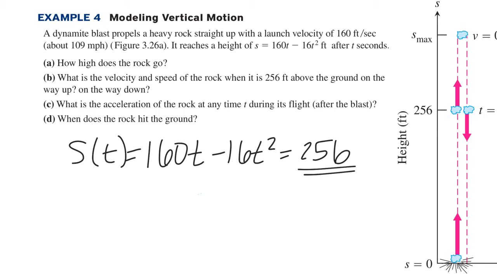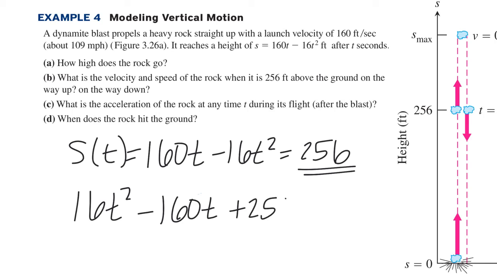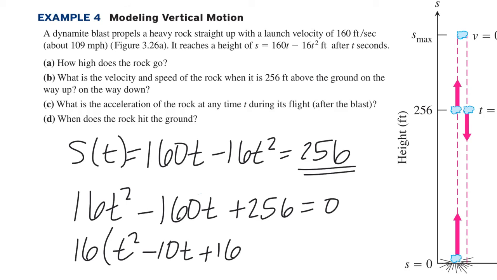So we can move our equation around, and if we put everything on one side, we get 16t squared minus 160t plus 256 equals 0. And we do that because we can factor 16 out of this. So if we factor 16 out, we'll get t squared minus 10t plus 16 equals 0.